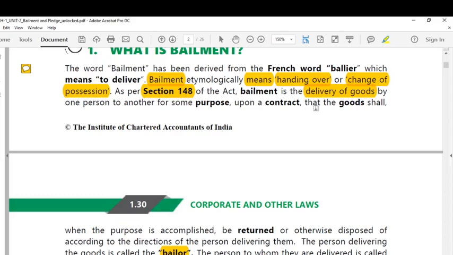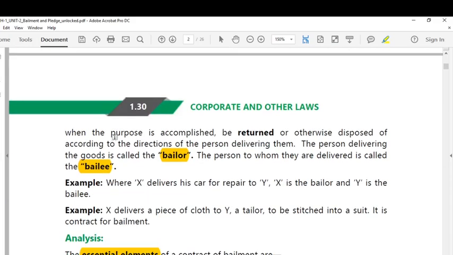Thereafter, when the purpose for which the goods are delivered is accomplished, the goods will be returned or disposed of according to the directions of the person who is delivering them, which means according to the directions of the bailor.